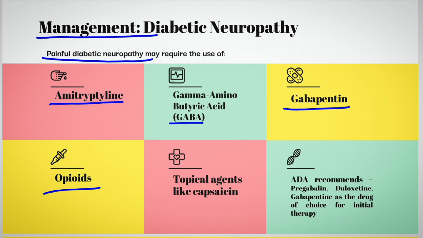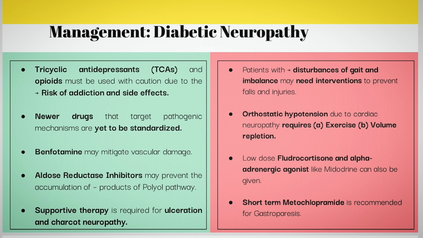As per the American Diabetes Association recommendation, we can use medications like pregabalin, duloxetine, and gabapentin as the drugs of choice for the initial therapy of painful diabetic neuropathy. Whenever we are using any tricyclic antidepressant and opioids, we need to be very cautious about the risk of addiction and other side effects.